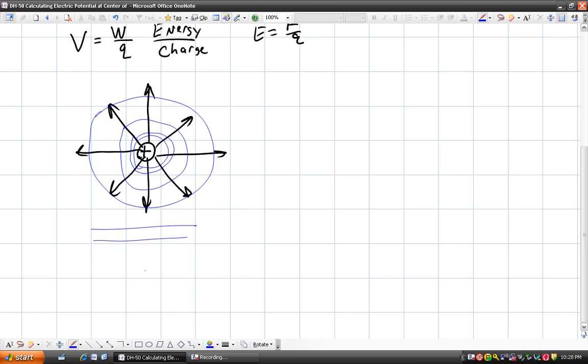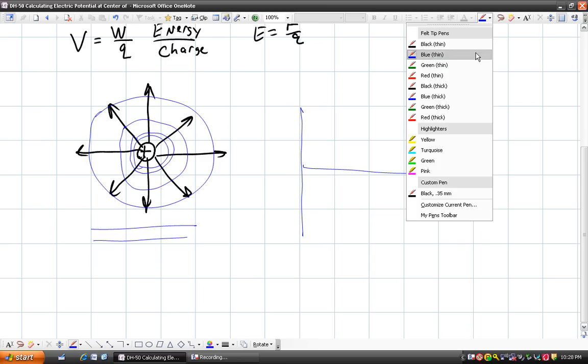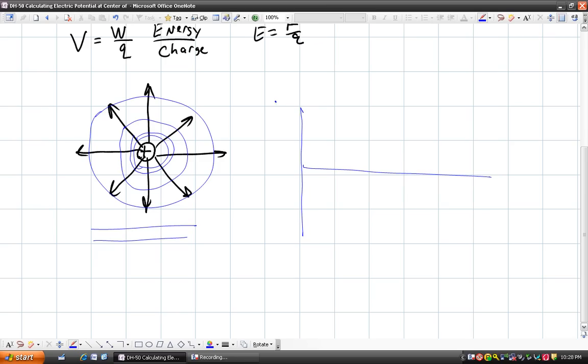So if I was to actually sketch a graph of what the electric potential of this looked like, let me pick a thicker marker. If this is the electric potential or the voltage, and this is the distance from the charge itself, you would find near the charge you've got a very positive electric potential. Further away it gets less, and where it gets to zero is at a distance that is infinitely far away.